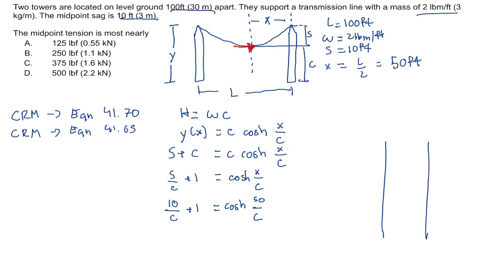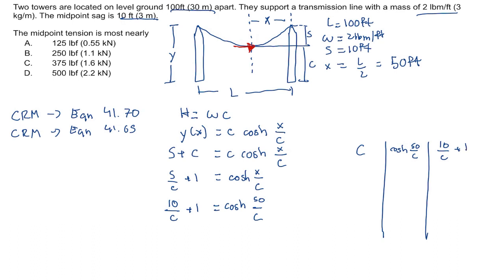We'll have C on one side, then the hyperbolic cosine of 50 divided by C, and then 10 over C plus 1.